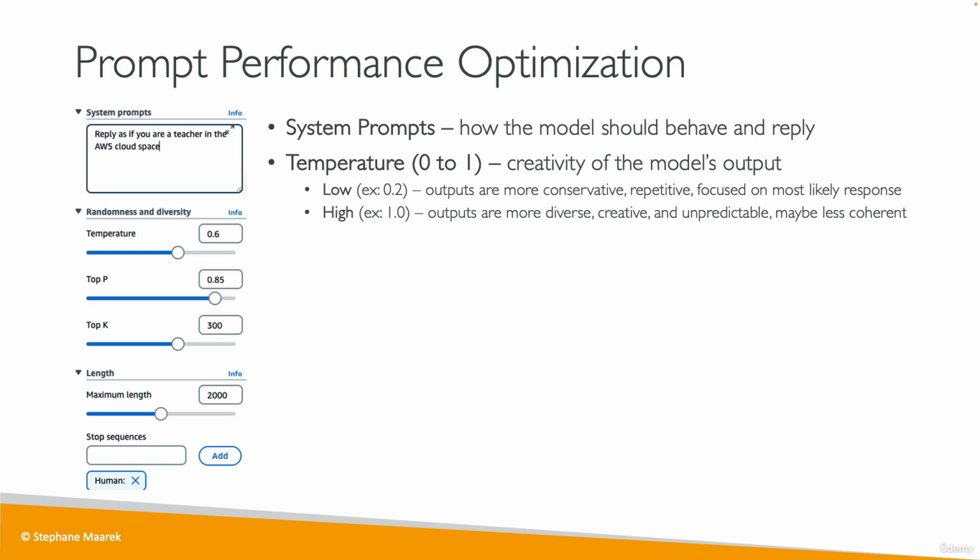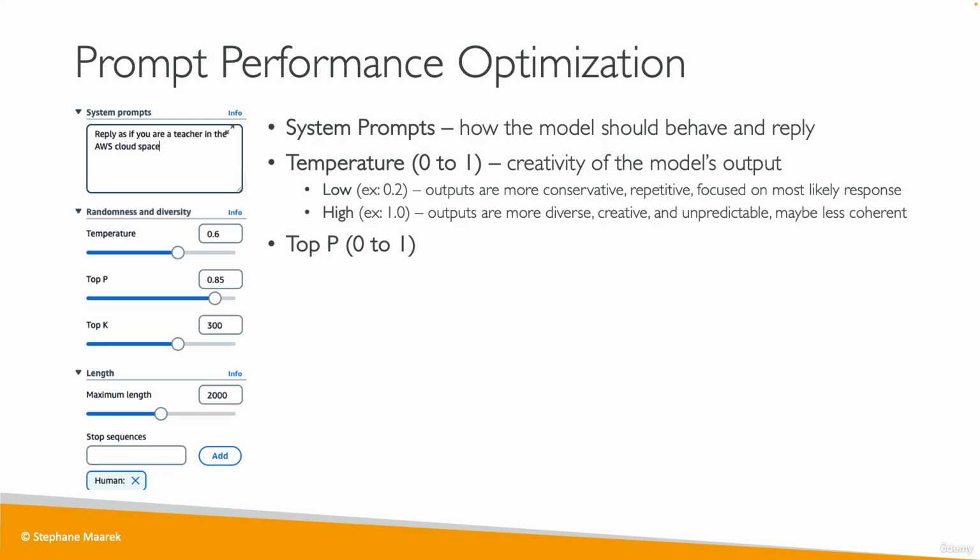But if you set it to a high value, for example 1.0, then the outputs are going to be more diverse, more creative, less predictable, and also maybe less coherent, because it's going to select more words that would be less likely over time. So it's for you to try and see what temperature works for you, but think of it like this: if you have a high temperature, everything moves, and therefore you have more creativity.